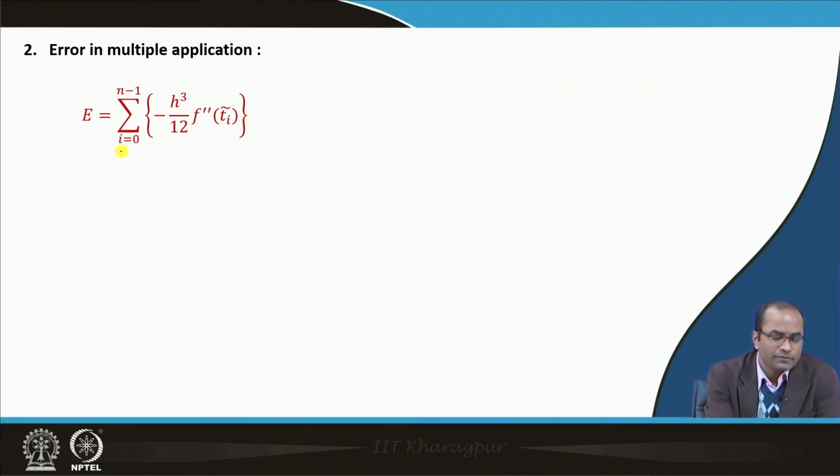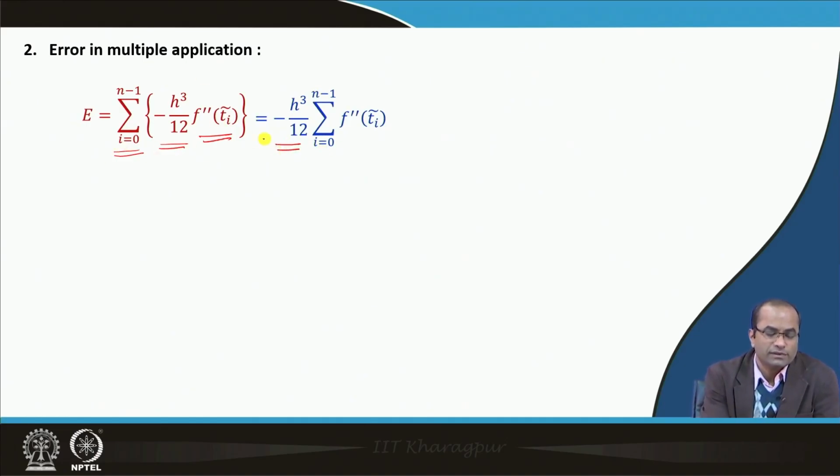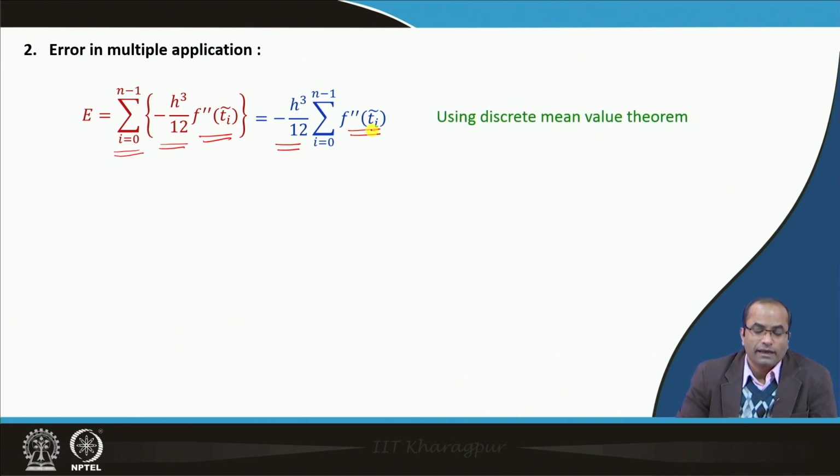So, what we have is the sum for i equal to 0 to n minus 1 of minus h cube by 12 and f double prime. This h cube by 12 we can bring out of the summation, and then the summation is from 0 to n minus 1 of f double prime at t i tilde. And now, we will use the discrete mean value theorem, which was just discussed.